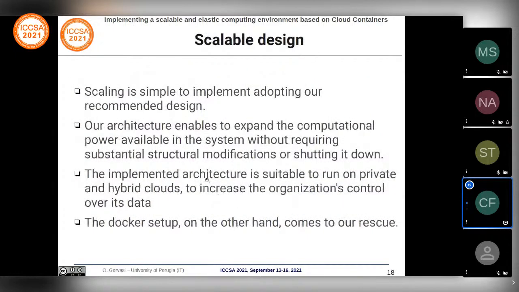So at this point, the scalable design is implemented, because we may have several Docker instances running and orchestrated by the load balancer, which will kill or launch new instances accordingly, considering the number of requests sent to the server.